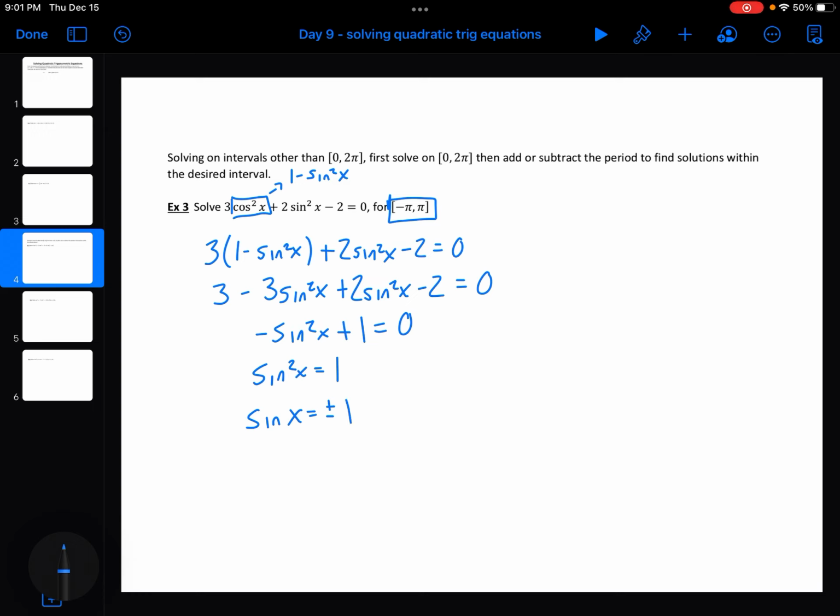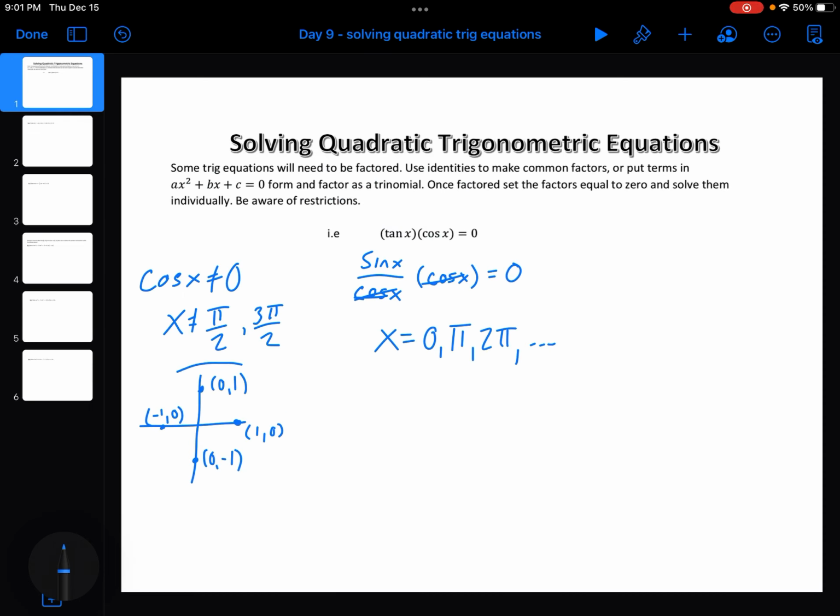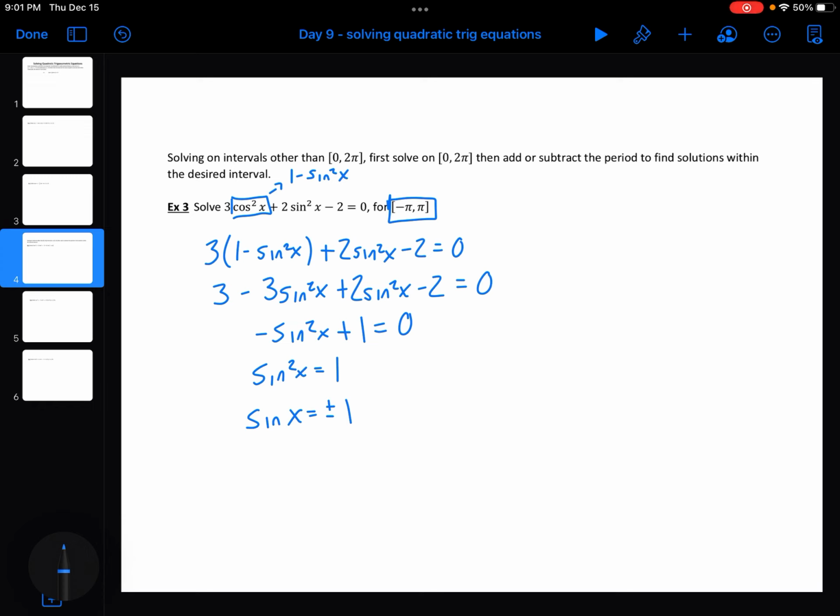Now, that means that I'm going to have all of the answers with sine that's 1 or negative 1. So going back to the start here, remember, x is equal to cos theta, y is equal to sine theta. Now our 1 and negative 1 are happening at pi by 2 and 3 pi by 2. So we're going to have x equals pi by 2. That's within our domain, so that one's good.